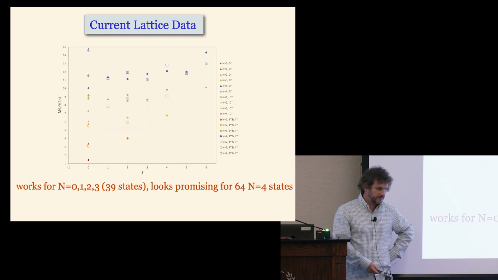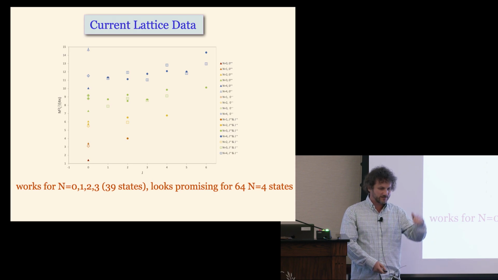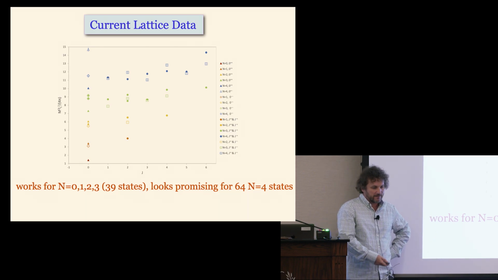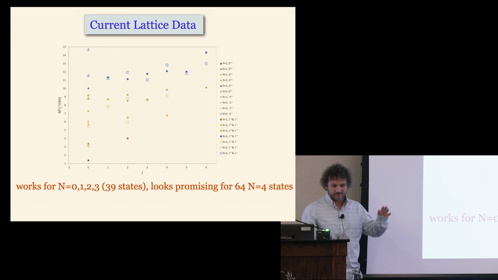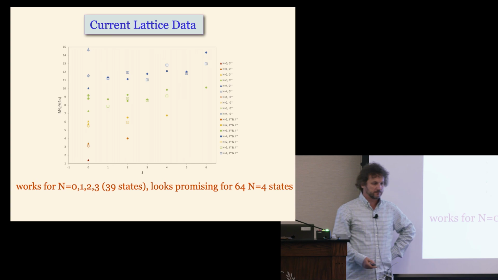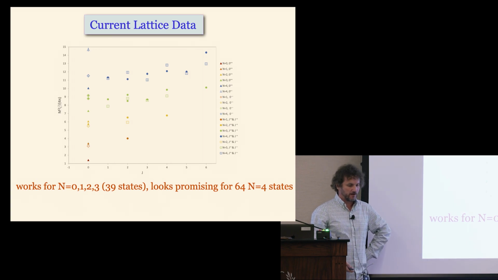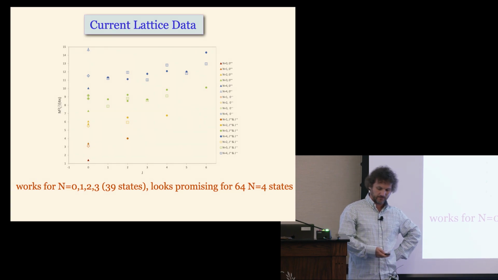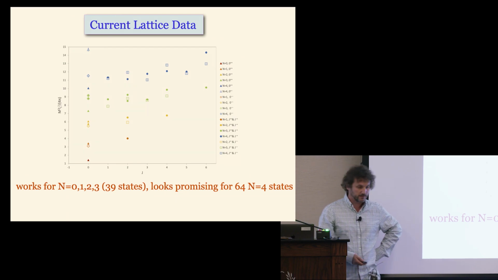In principle, while there are 64 states at the n equals 4 level, the data also becomes worse, but it's fair to say there is no place where there is clear tension between the prediction for the states and what is being observed on the lattice.